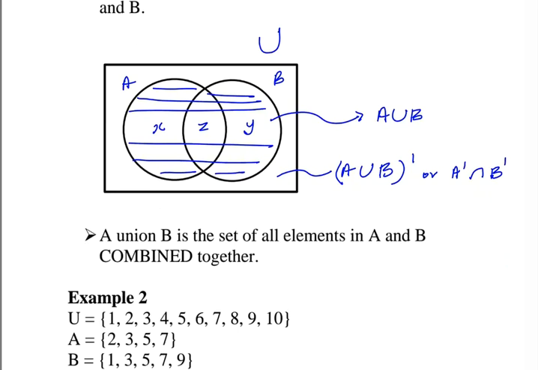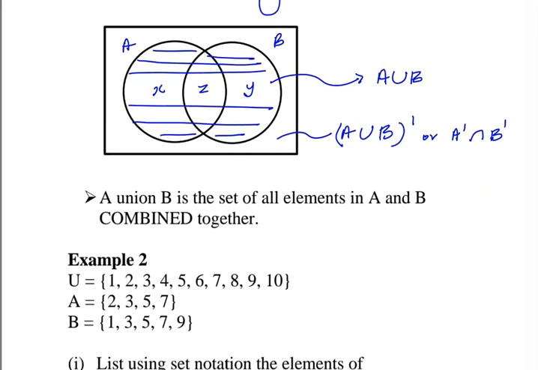A union B is a set of all elements in A and B combined. So if you look carefully, this shaded region here is actually the sum total of A and B. So A and B combined together is A union B.